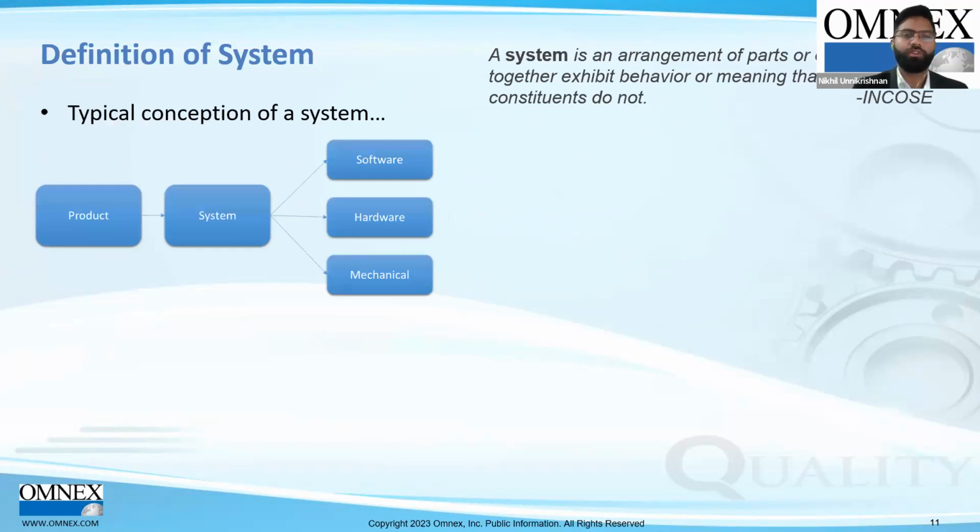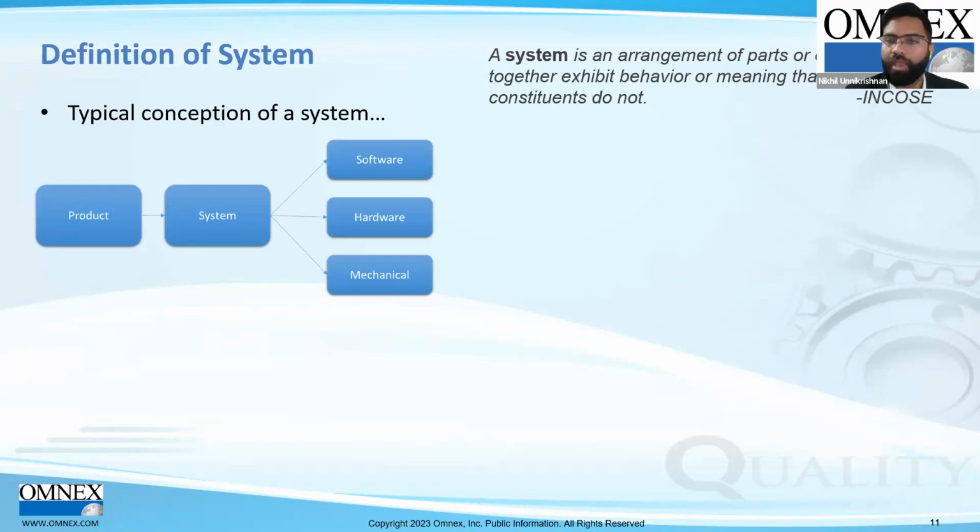With that, let's get into the definition of system. Typically, what we've seen is a product being looked at as having a system, and then you have a software, and then you have a hardware, and then let's say you have a mechanical system. How INCOSE goes about defining a system is: a system is an arrangement of parts or elements that together exhibit a behavior or meaning that the individual constituents do not.